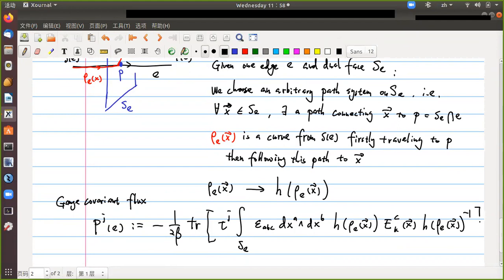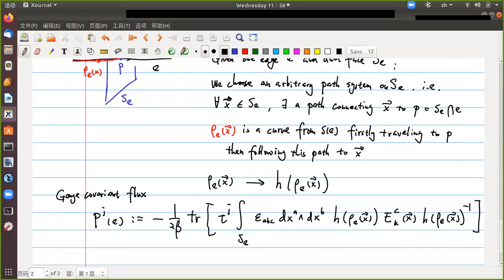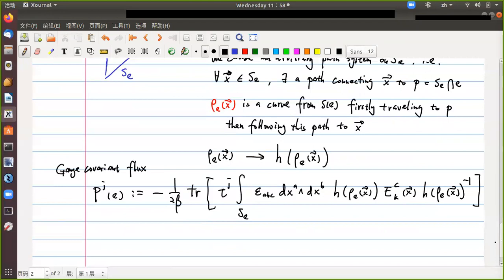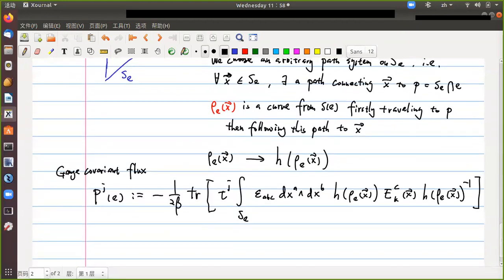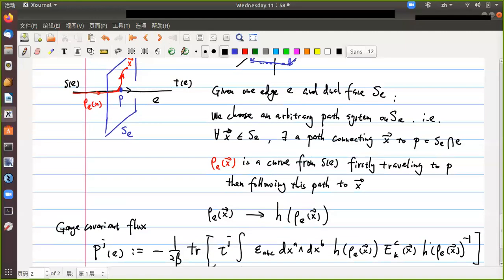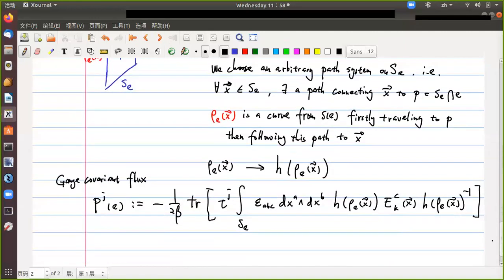Okay, and that's it. You see, it looks a little bit complicated, but it's also easy to understand. It is just E^a_k(X) with tau_k, a matrix, sandwiched by the holonomy.